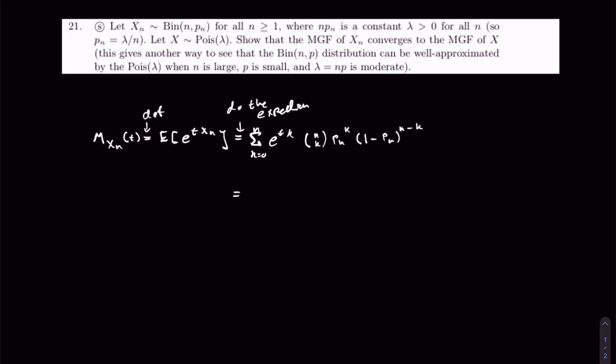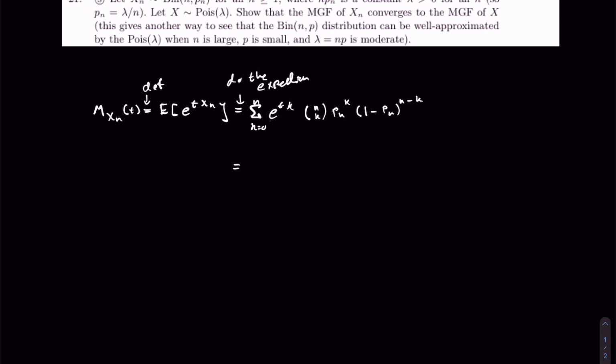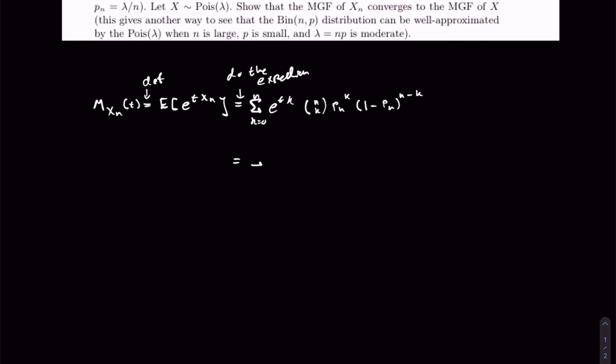So how do we proceed? Let's rewrite this summation by moving e to the tk inside the Pn to the k, and then use the binomial theorem to simplify the whole expression.